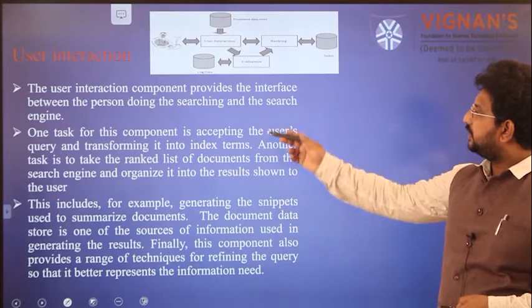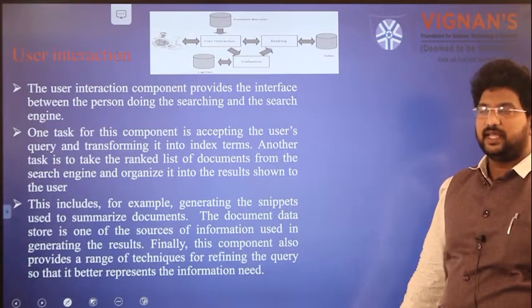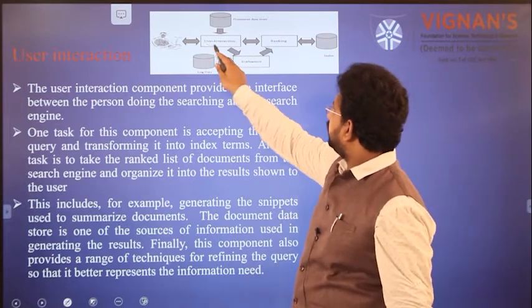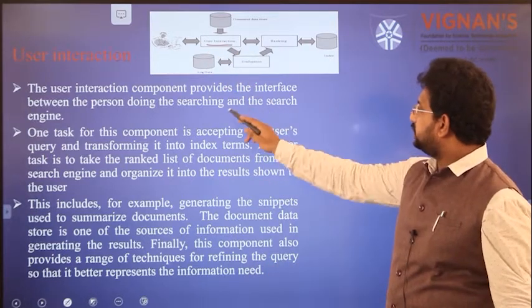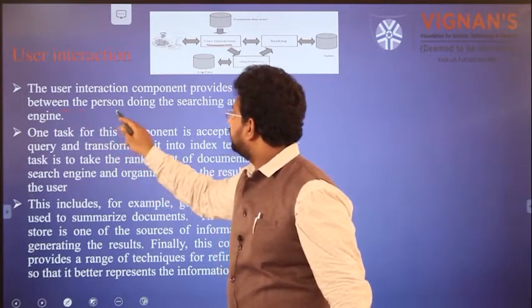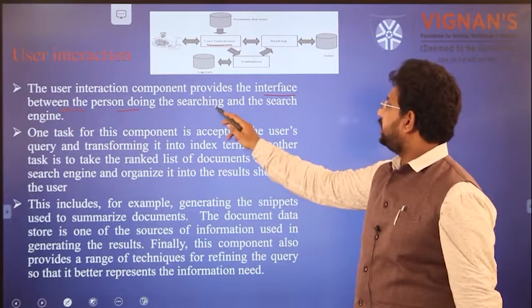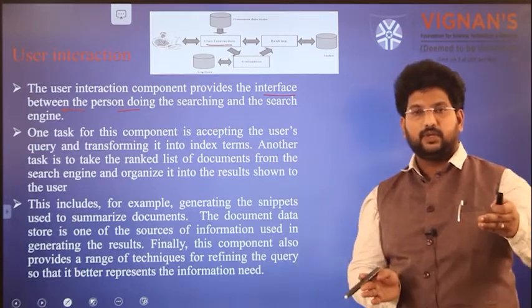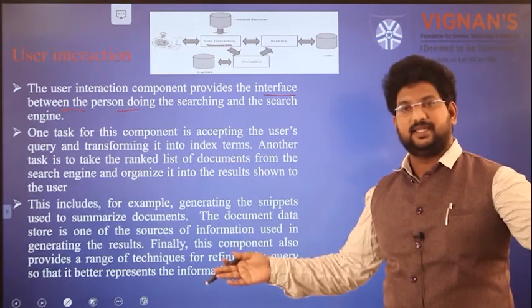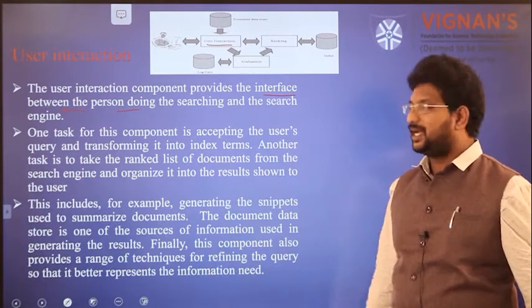Now we will see in detail the user interaction phase. The user interaction component provides the interface between the person doing the search and the search engine. So whenever you are before Google, it is the medium between the user and the system. That's what we can simply call user interaction.